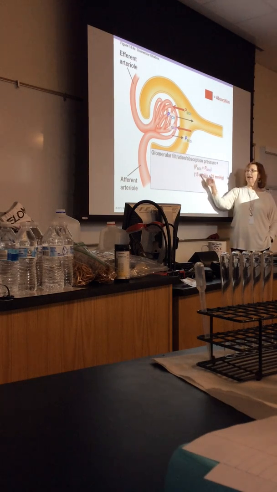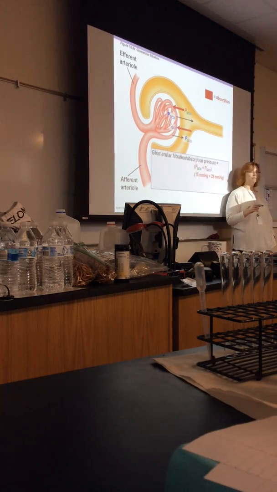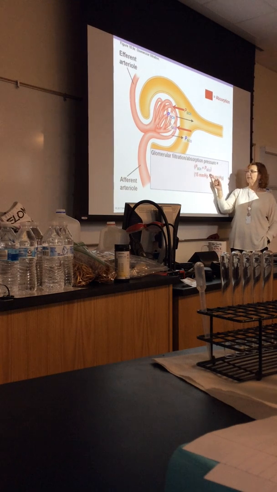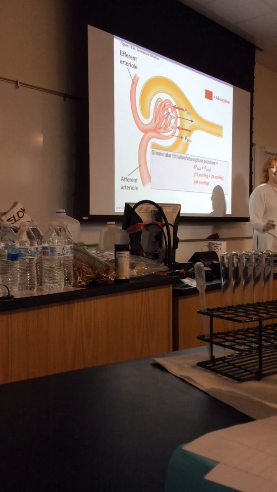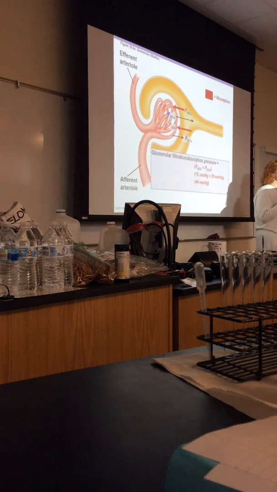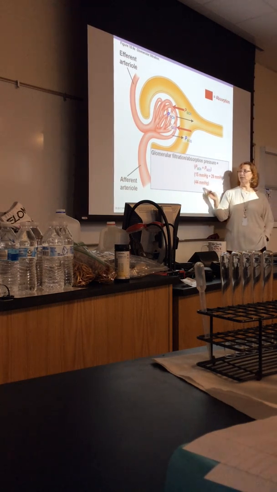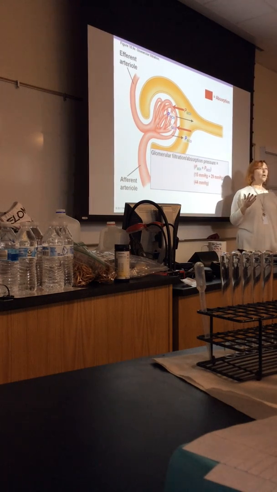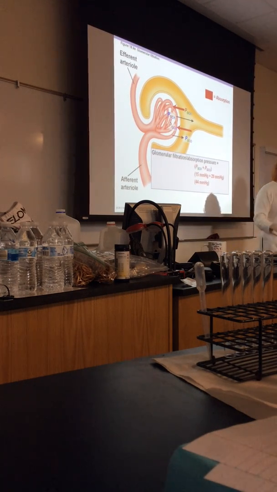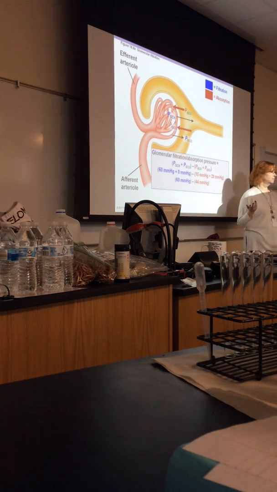My Bowman's capsule hydrostatic, we said, is 15. My glomerular capillary oncotic is 29. So the net forces favoring absorption are 44. And of course, we want to know, are we filtering or are we absorbing? So we want to look at the two.